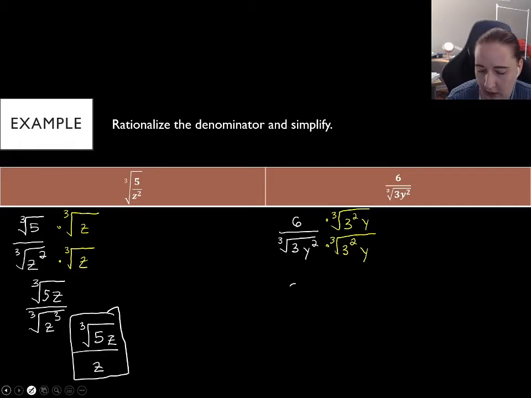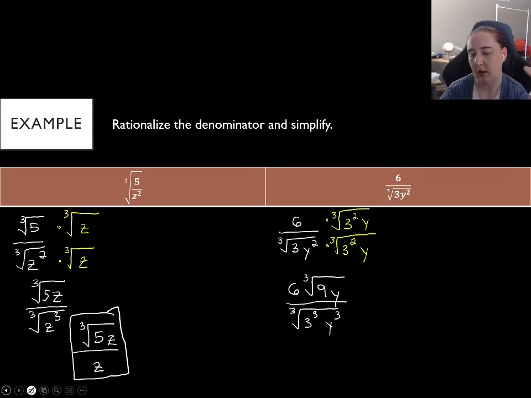So on the top, I have 6 times the cubed root of, and the 3 squared is 9, so I'm going to just write 9y. In the denominator, we have the cubed root of 3 cubed y cubed. And so now that cubed root cancels out the cube, so we have 6 times the cubed root of 9y over 3y.